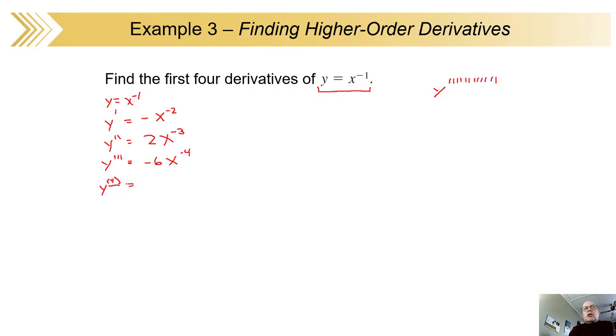So going from the third derivative to the fourth derivative, bring that -4 out front, you're up to 24, and you're down to a -5 for the exponent. Guess I got a little bit sloppy. That's how you do it. It's that easy, really.